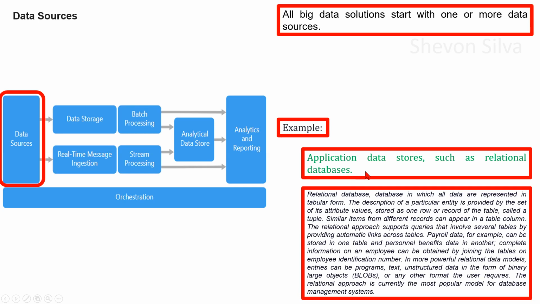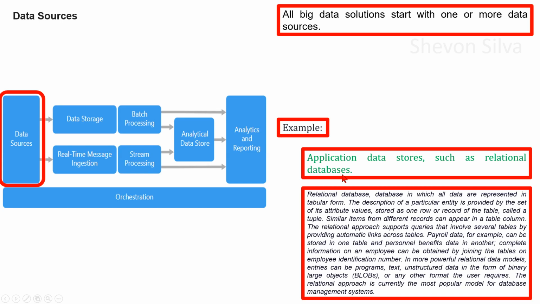As an example, we can consider application data stores such as relational databases. Relational database, a database in which all data are represented in tabular form.